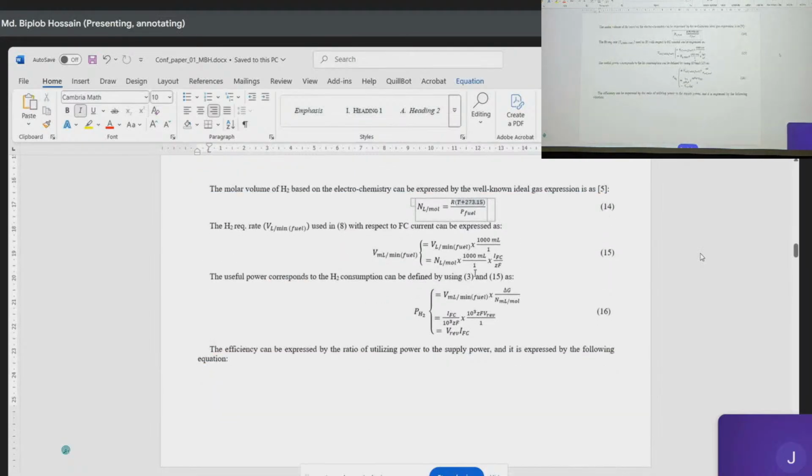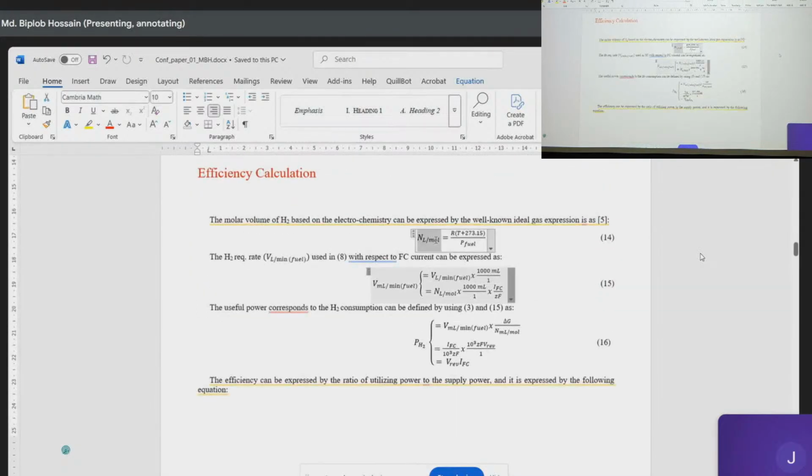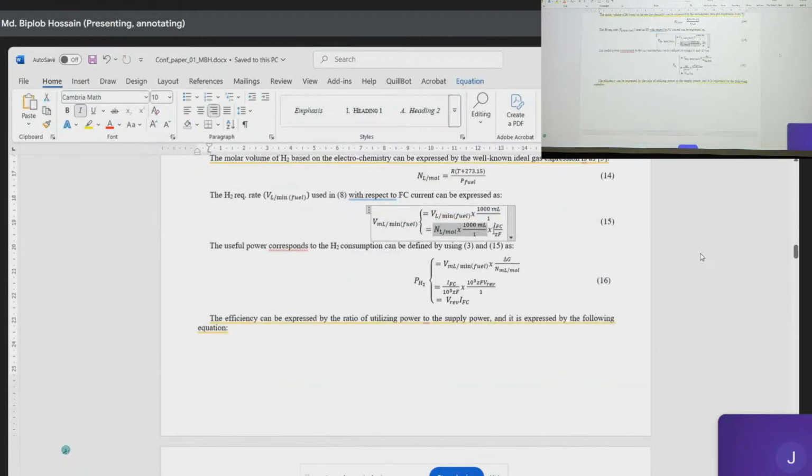From here we can represent these equations in terms of time, that is, milliliter per minute. Then we can rewrite these equations in terms of the parameters we have here, just replacing this one. The required amount of fuel is called the flow rate.